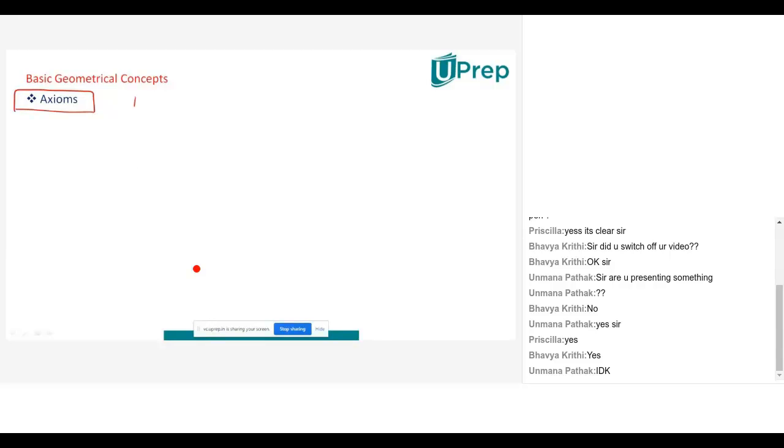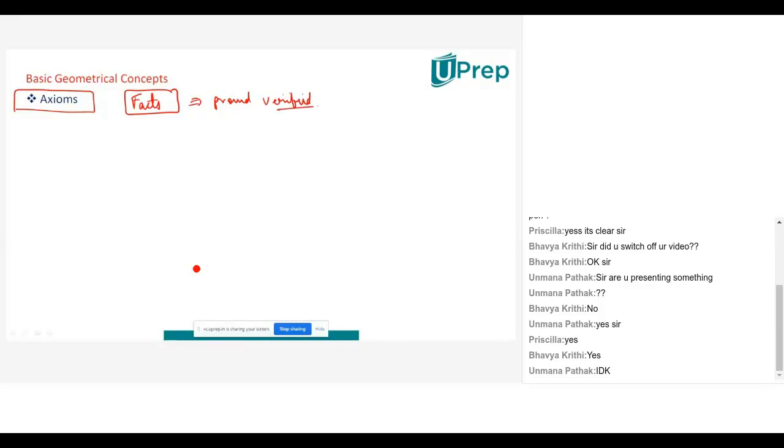You can see my screen, right? Axiom, however you want to pronounce it. Oh, yes. Right. But when we talk about geometry or about it from a mathematical point of view, there are certain facts. Facts are basically things that have been proved. They have been verified, right? You don't question facts because they have been proved and verified.